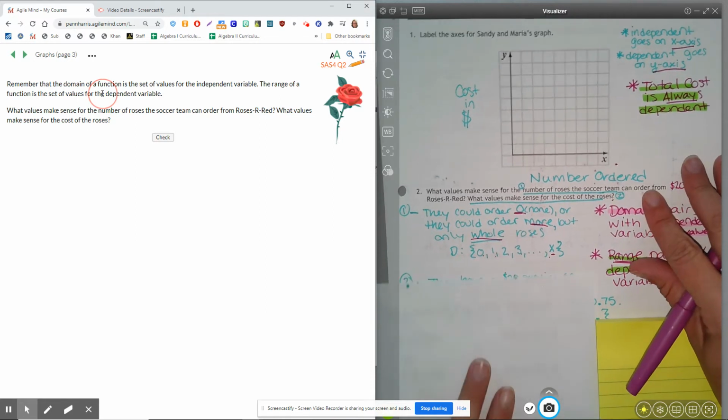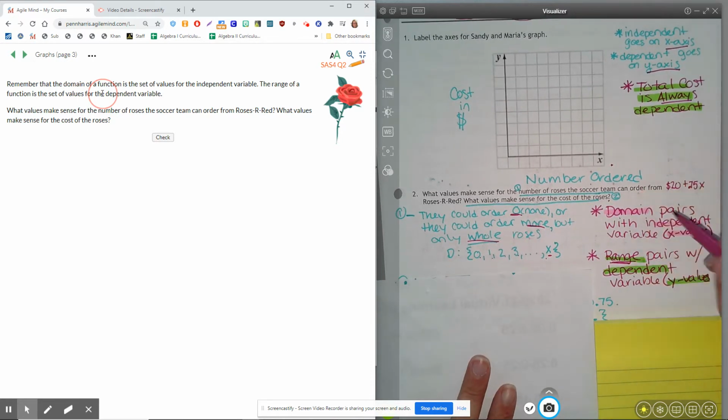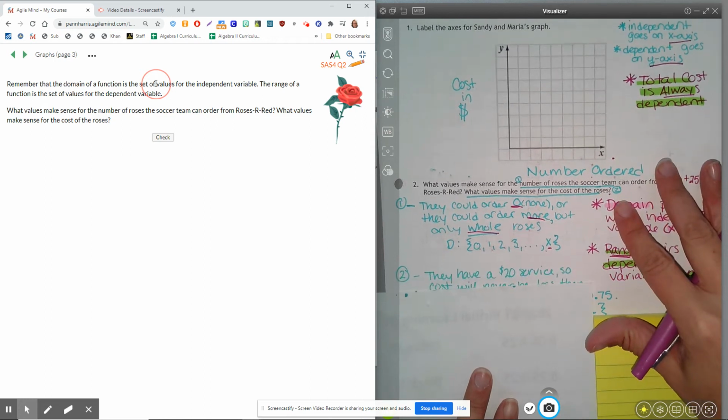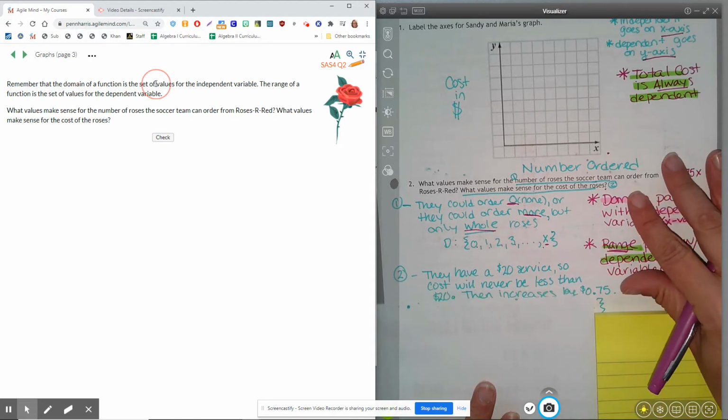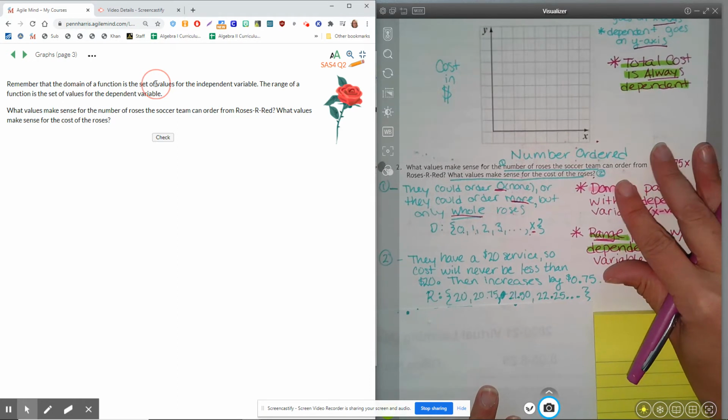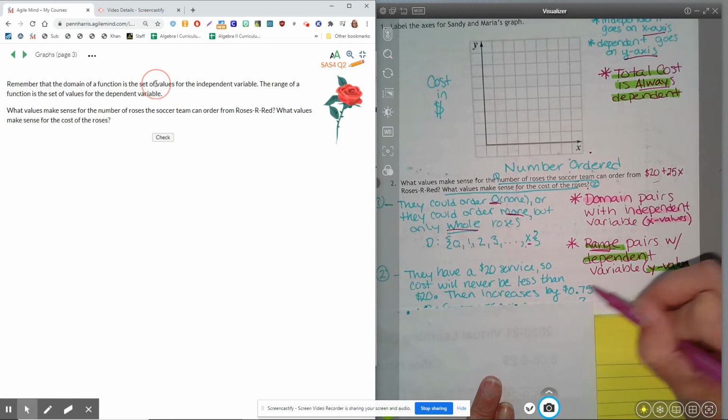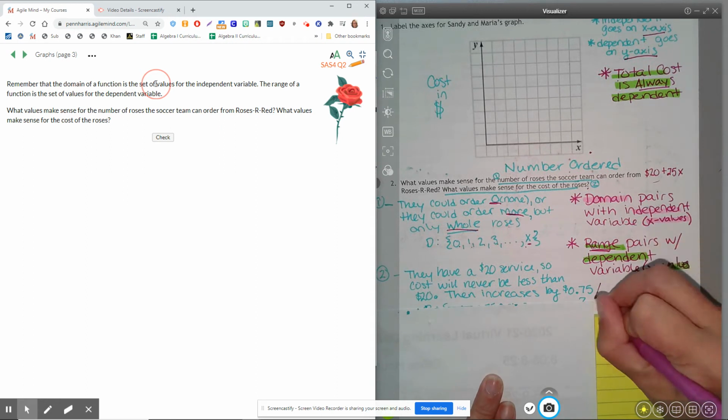As a reminder, they had a $20 service fee, meaning if we choose this company, even if we put in 0 rose orders, they're still going to charge us $20. So we're always going to have a fee of $20. It will never cost less than that with them. But after that $20, it's going to increase by 75 cents per rose.